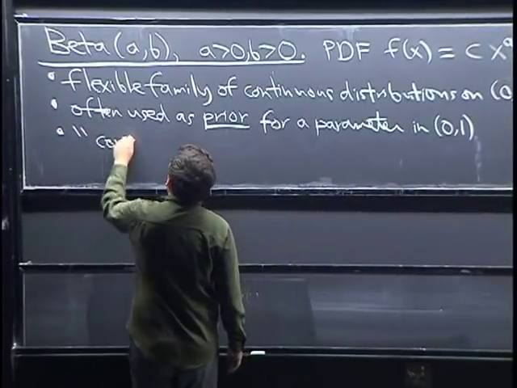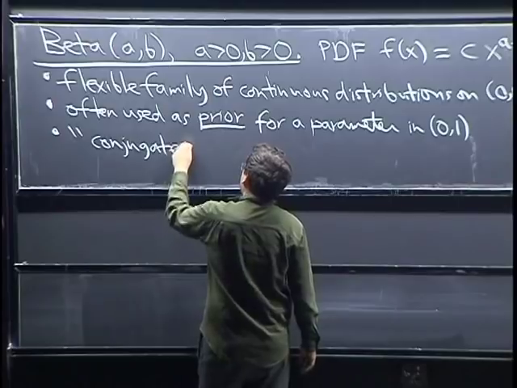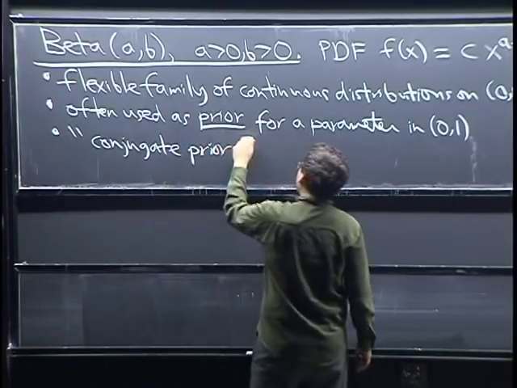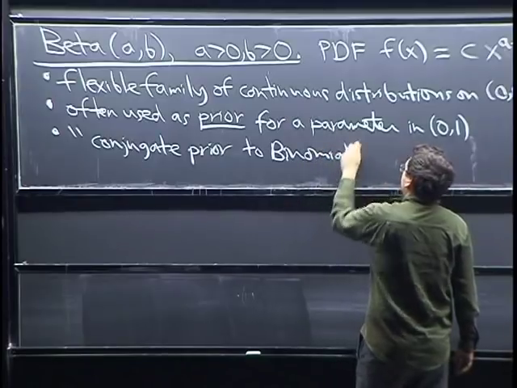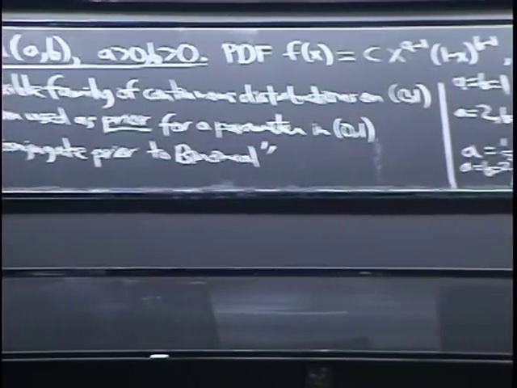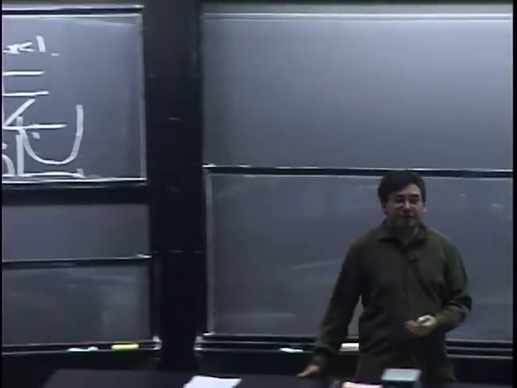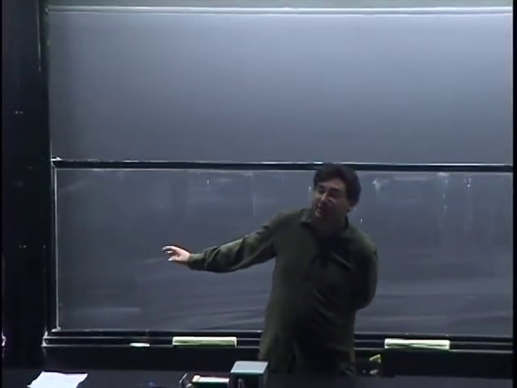it's what's called the conjugate prior to the binomial. If you take Stat 111, you'll be seeing a lot of conjugate priors. Obviously, I'm not assuming you know the term conjugate prior yet. I'll explain what this means.